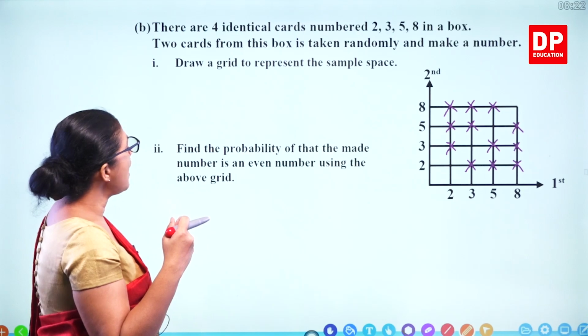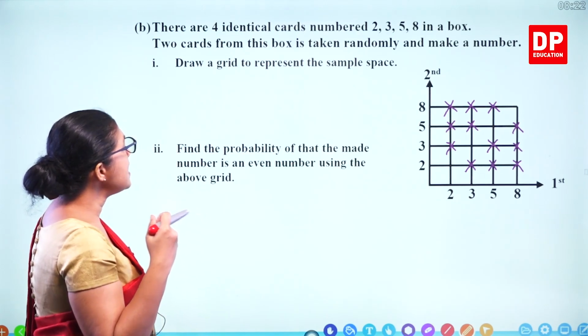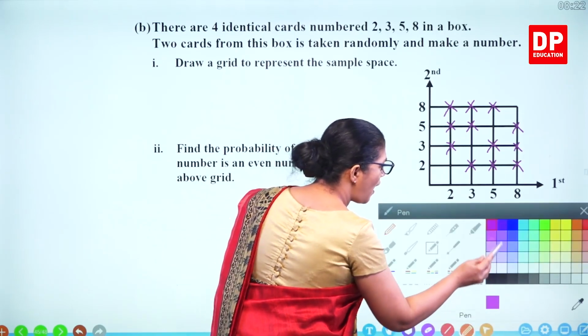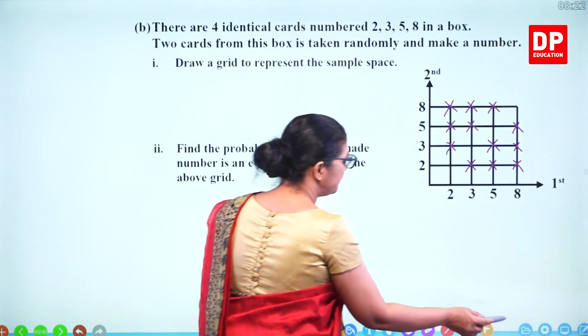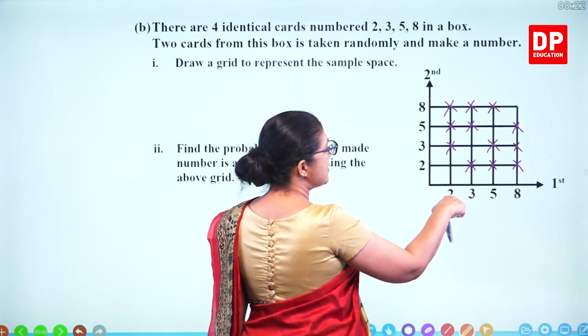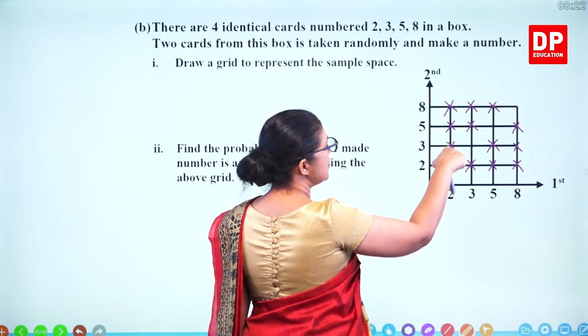Find the probability that the made number is an even number using the above grid. So we need to identify what are the even numbers here. So 2 is there, 23 is not.